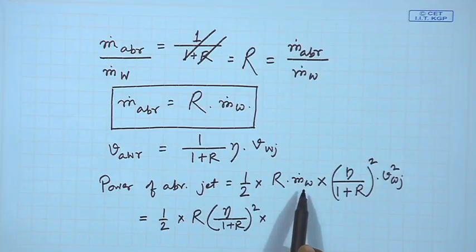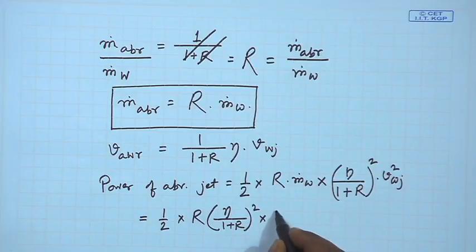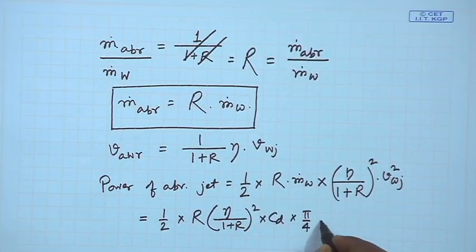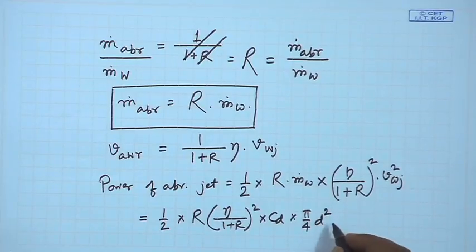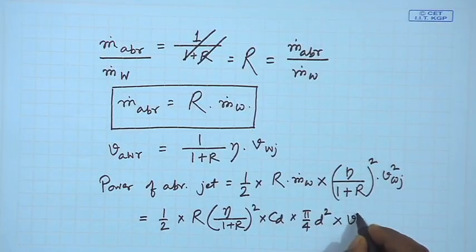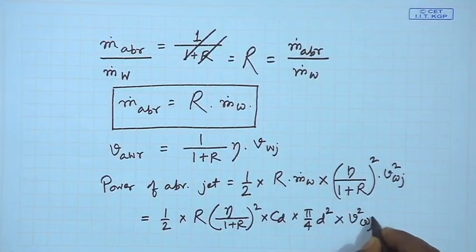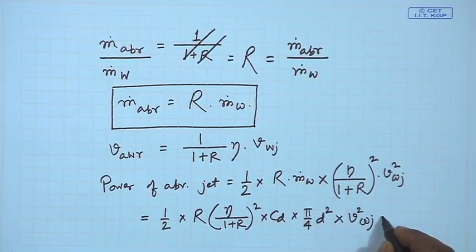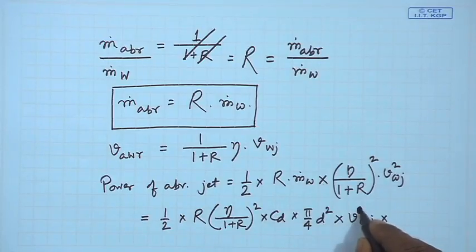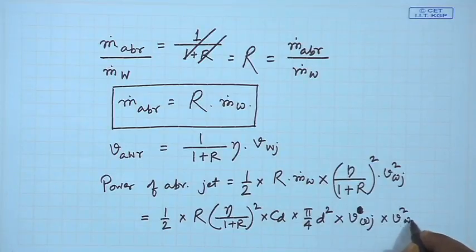What is m dot W? It is the mass flow rate of water. So, mass flow rate of water can easily be replaced by C d into pi by 4 into d square into velocity of water jet, multiplied by velocity square of water jet.